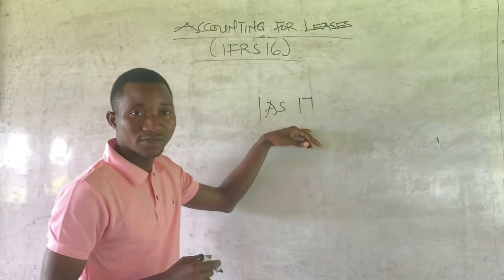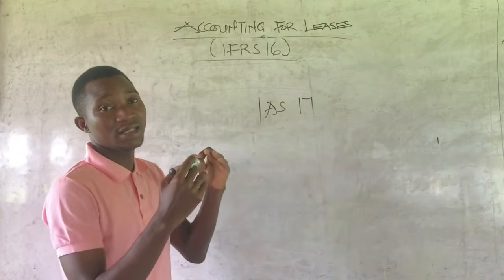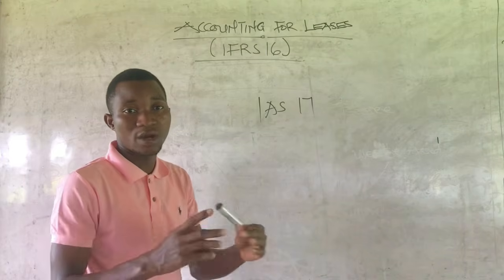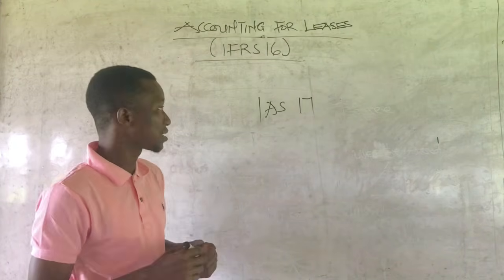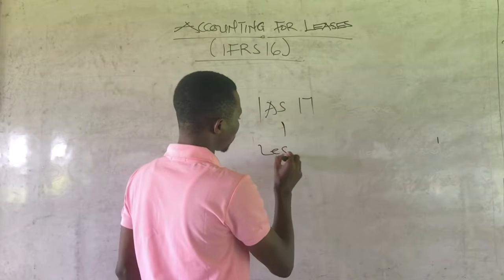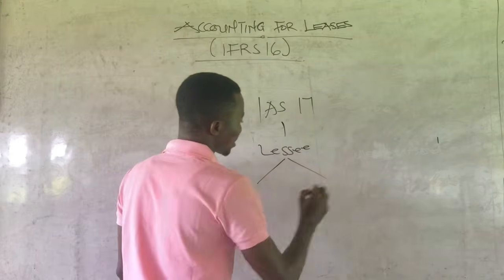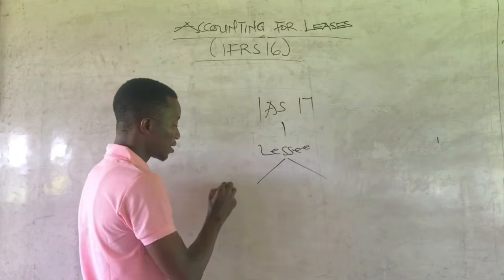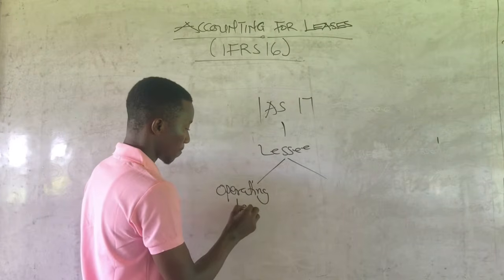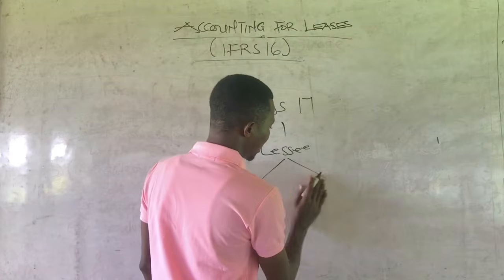Under this model, it is the responsibility of the lessee to classify the lease into an operating lease or a finance lease. So here, the lessee has the right to classify the lease as an operating lease or a finance lease.